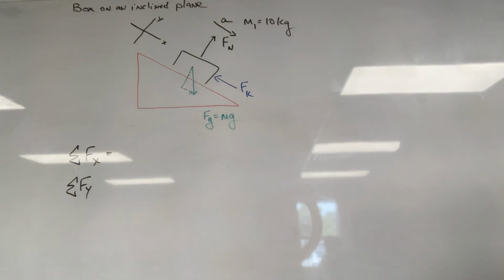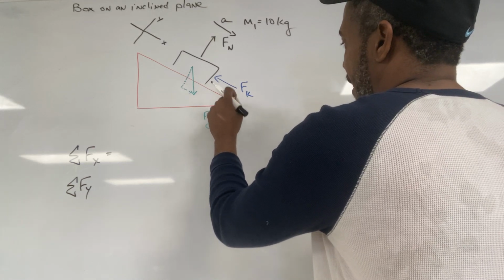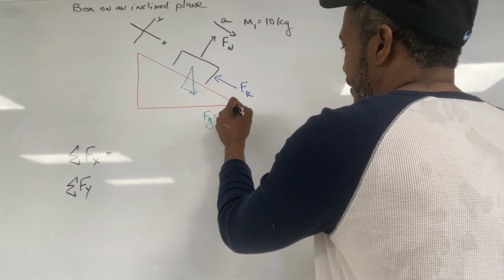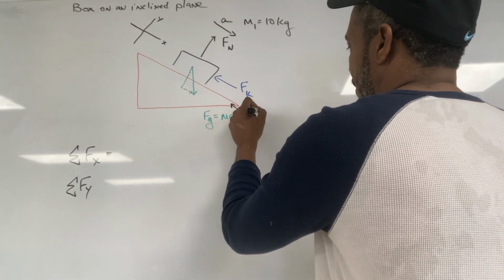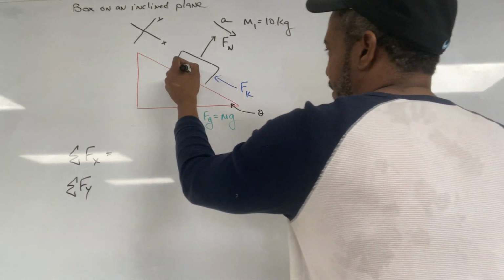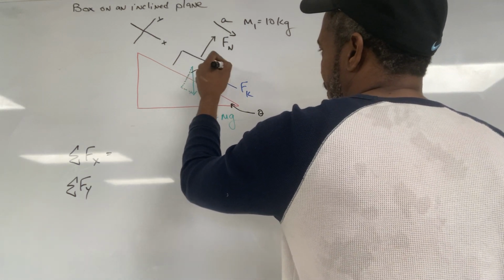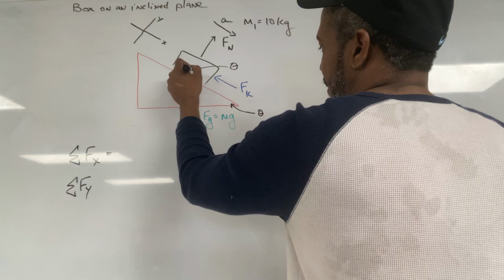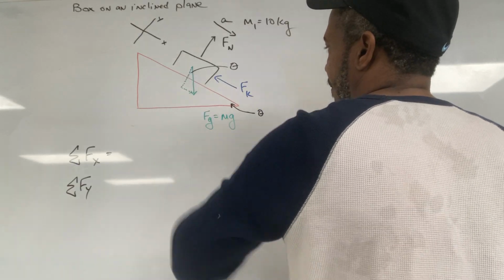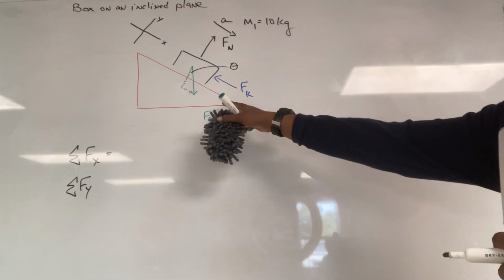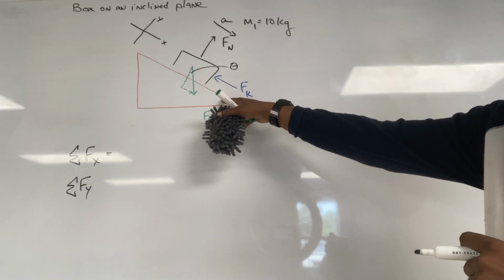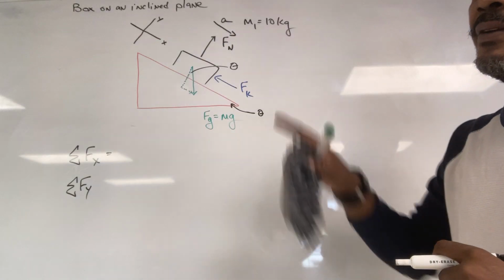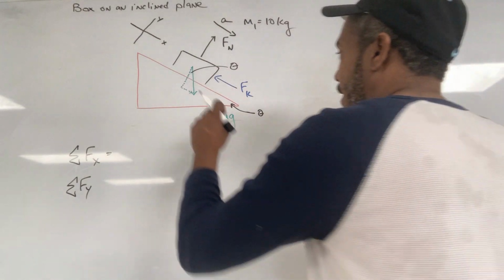So what that means is what? We said that this angle right here is called theta, and it's the same angle right here. These two angles are the same. So whatever they tell you is the angle for the inclined plane, that's going to be this angle right here. But we have to take the projections, right?